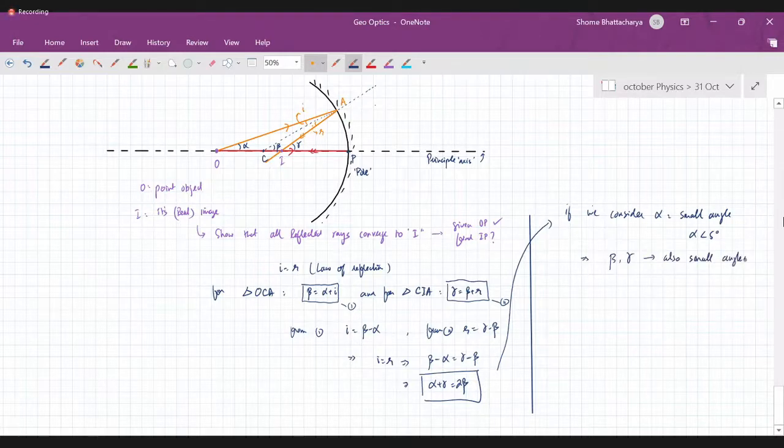So in that case, we are considering in our diagram something like this. We are considering rays which are very close to the principal axis. These type of rays we are considering.